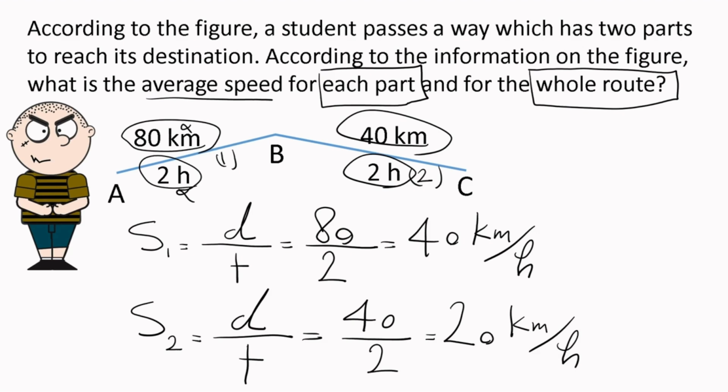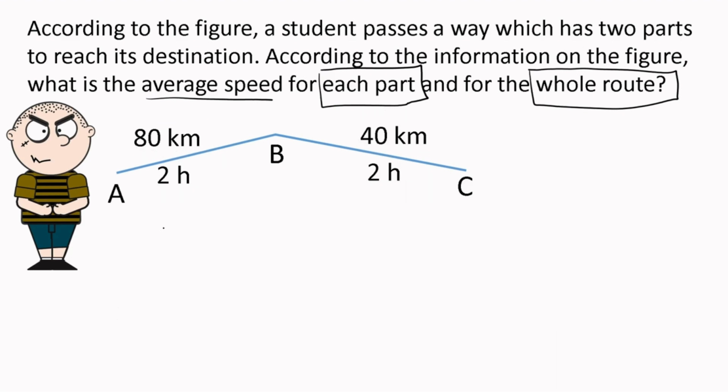Let's calculate the average speed for the whole route, but before that, let me erase the board to make some space for myself. Now we want to calculate average speed for the whole route. We show it by ST. We are going to use the same formula. Do we have the distance of the whole route?